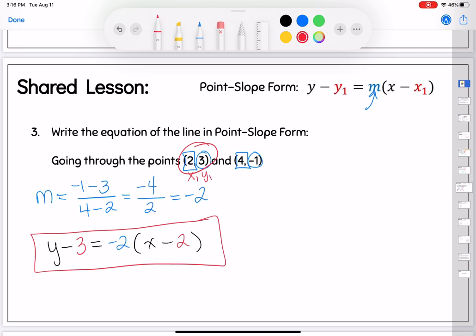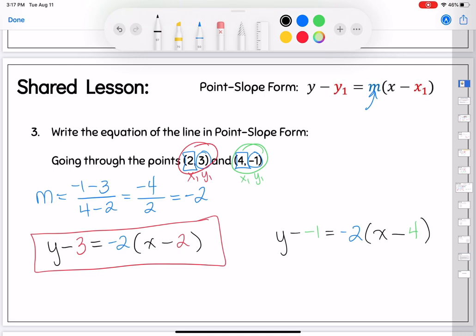However, you had another possibility. This is also a point on the line, (4, -1), so that I could have called x1 and y1 if I wanted to. In that case, I would have had y minus y1, which was negative 1, equals negative 2 parentheses x minus x1, which was 4.